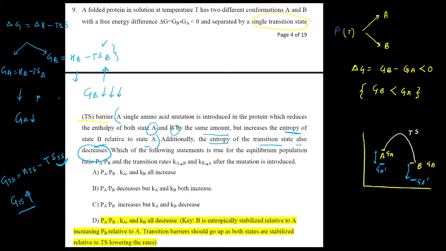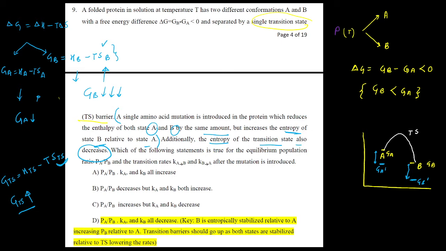After mutation, GTS increases because the entropy is decreasing, and you know that if entropy increases, the system becomes stable, right? So if entropy is decreasing, the negative part is actually decreasing, right? So if the negative part is decreasing, there would be an overall increase in the Gibbs free energy of the transition state after mutation.